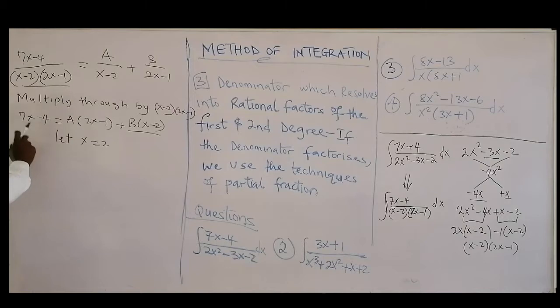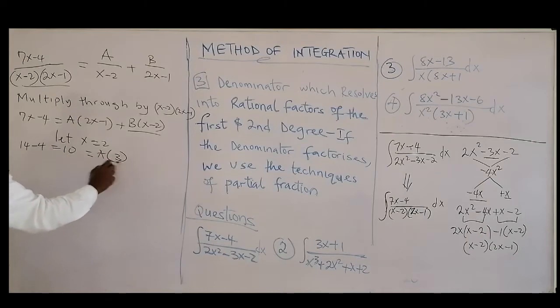7 times 2 is 14, minus 4 is 10, equal to A into bracket 2 times 2, that's 4 minus 1, which is 3. So A is 10 over 3. Let's look for the other variable.